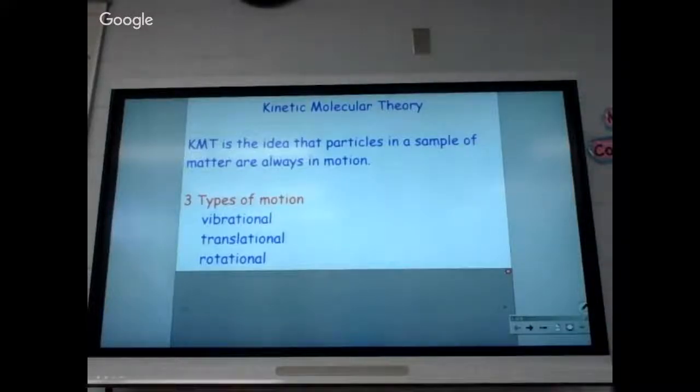Now, gas particles, because we're talking about gases, do all 3 of these things. Given we just talked about this, hopefully you remember what those things are. What does it mean to translate?